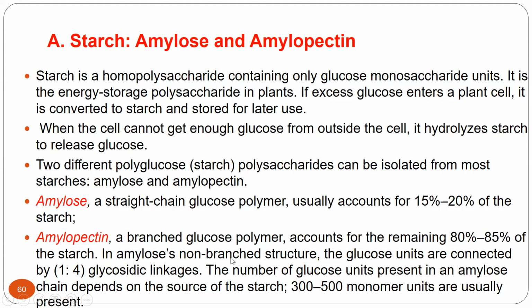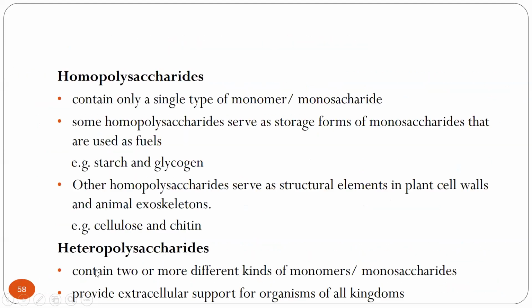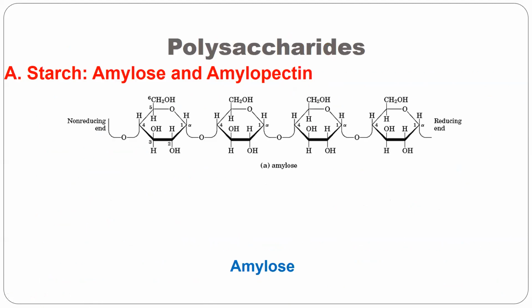So in amylose, and we'll look at the structure later, the glucose units are connected by 1,4 glycosidic bonds. This is a 1,4 glycosidic bond.